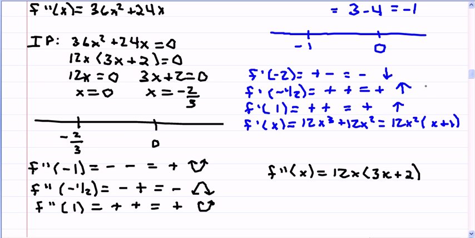So to put this all together, the graph is decreasing to the left of -1 and increasing to the right of -1. And it is only concave down between -2/3 and 0.